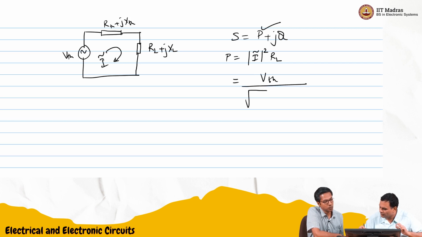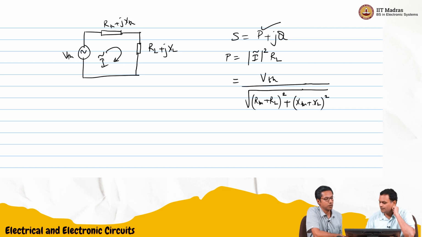by the root of RTH plus RL the whole squared plus XTH plus XL the whole squared. So this is the current magnitude. And I need to take the square and multiply it with RL.